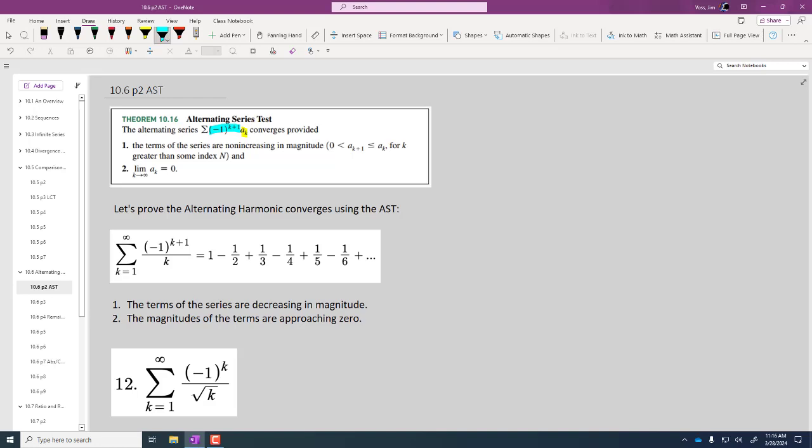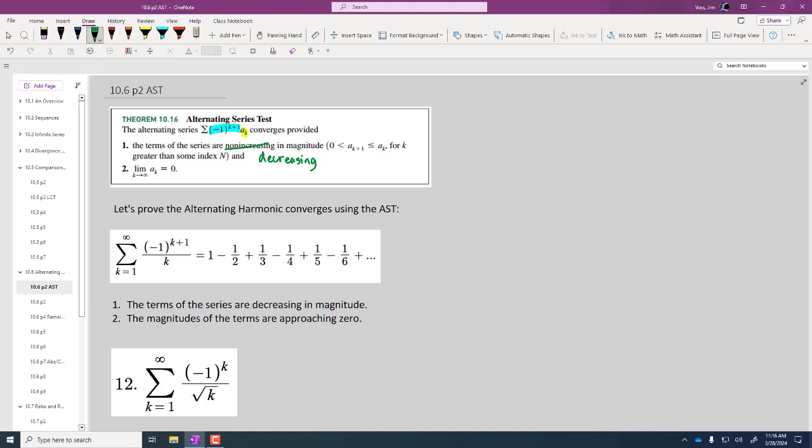And here's what the alternating series test says. It just says, and I mentioned this before, that this is non-increasing. You can just think of it as decreasing. Totally fine to think of it as decreasing. So the terms of the series, if they are decreasing in magnitude, so decreasing in magnitude means that they're going down.